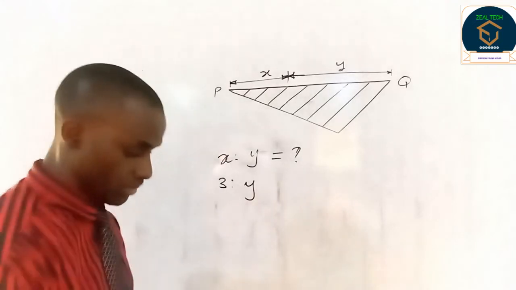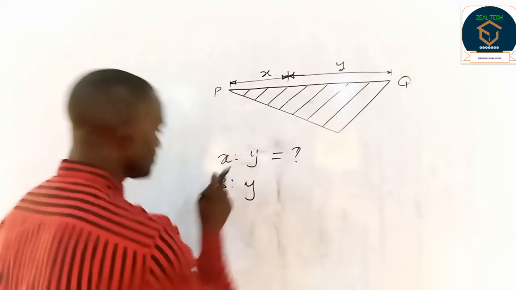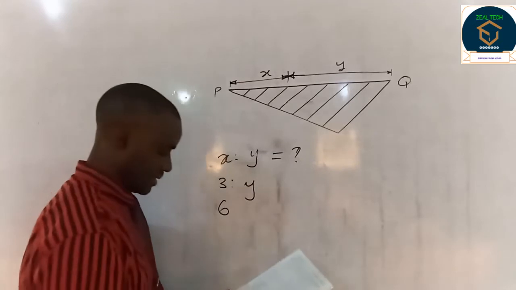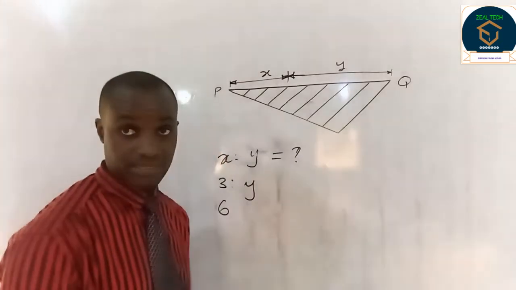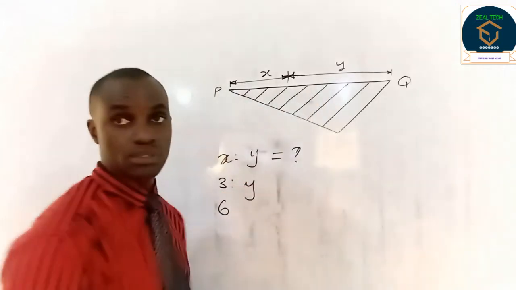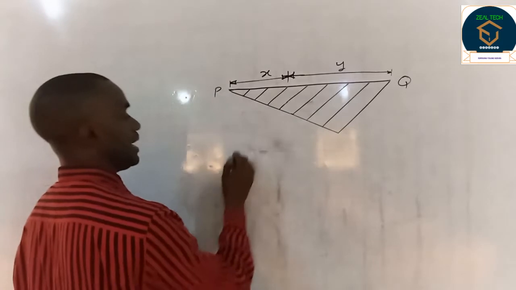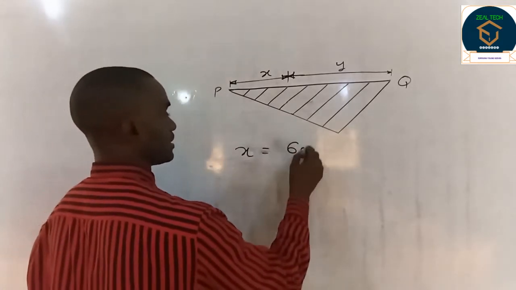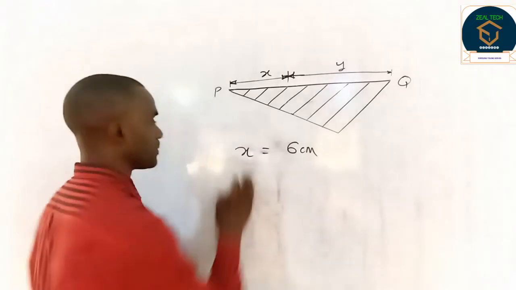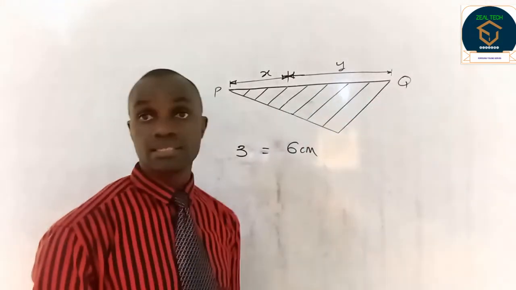Number 3. If x is 6 centimeters, what is the length of the line PQ? It's easy. Look at what you have to do. X is 6 centimeters. And what is the division for x? It's 3. The entire length has a division of 8.